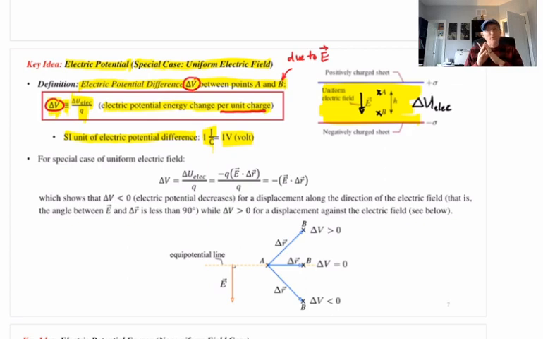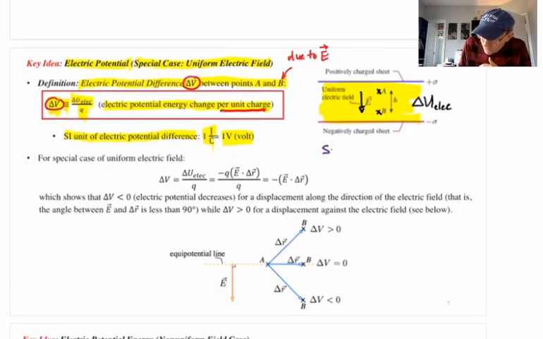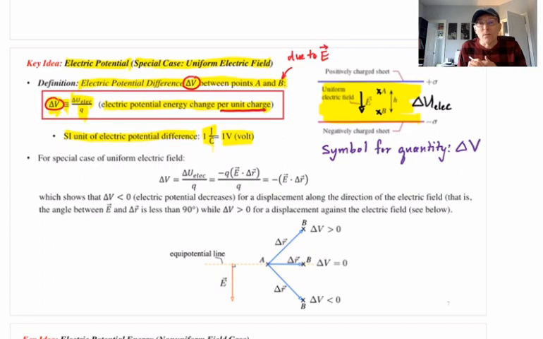We've just introduced a new quantity, electric potential difference, or electrostatic potential difference. The symbol for the new quantity, electric potential difference, is delta V, where that V, when written, is really italicized.